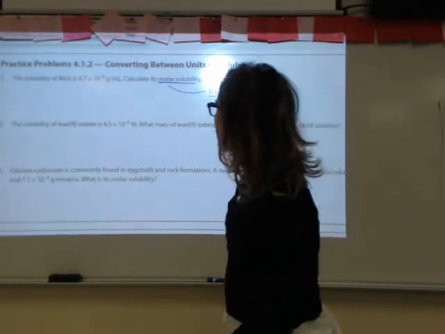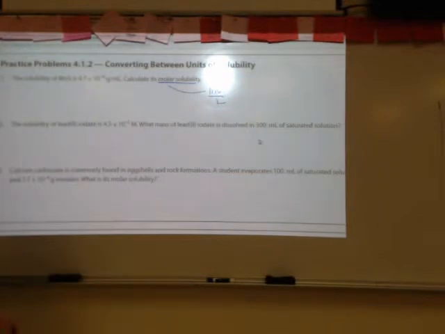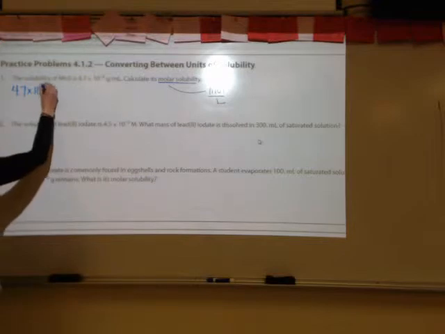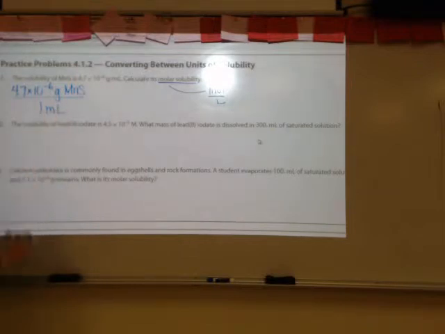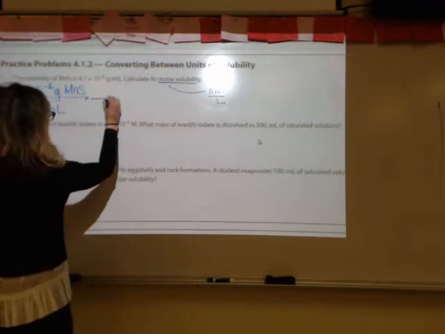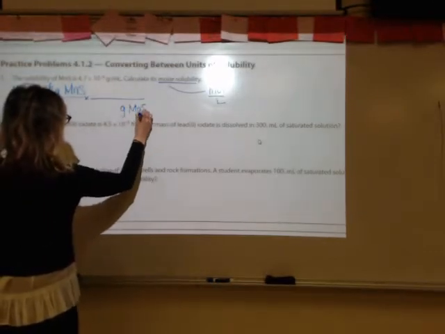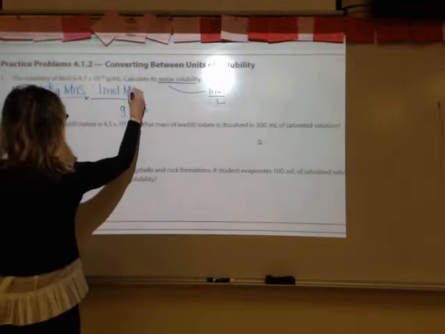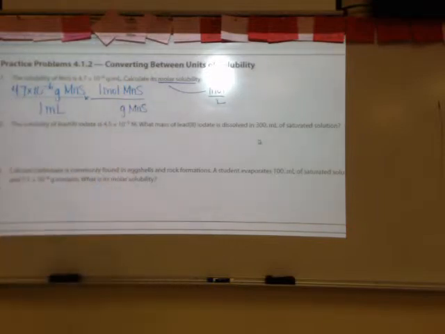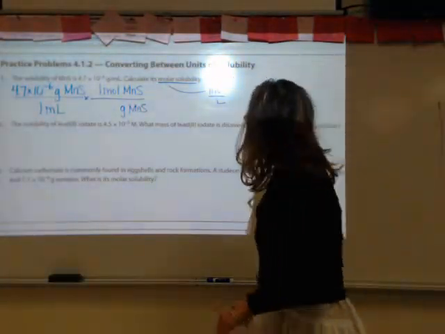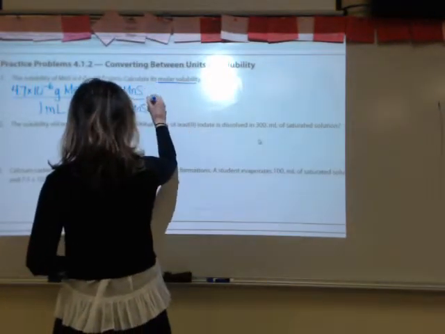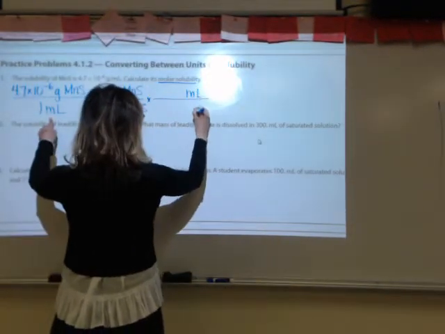So if you take a look at practice problem number 1, it says the solubility of manganese 2 sulfide is 4.7 times 10 to the negative 6th grams per milliliter. Well, don't we know how to convert grams to moles? So if we have the molar mass of manganese 2 sulfide, we could convert that to moles, yeah? And we can also convert to liters if we convert using the power of 10.